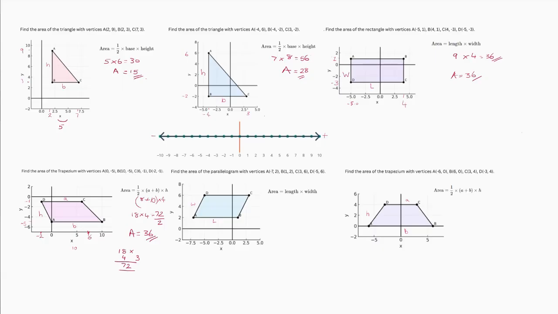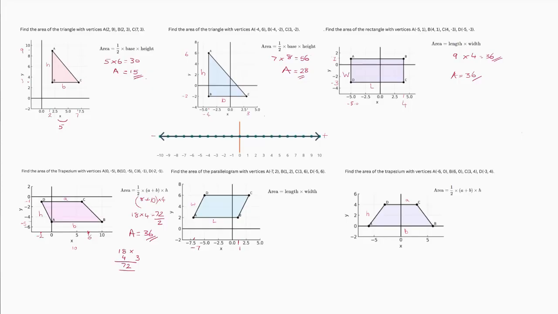So we've got a parallelogram, which gives us our length times width. Nice and easy. So our A goes to, oh, it's here, isn't it? Let's have a look. I'm going to have to check. A on the x-axis is -7. And our B is here, which is +1.